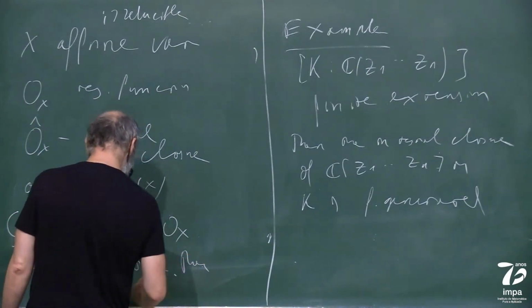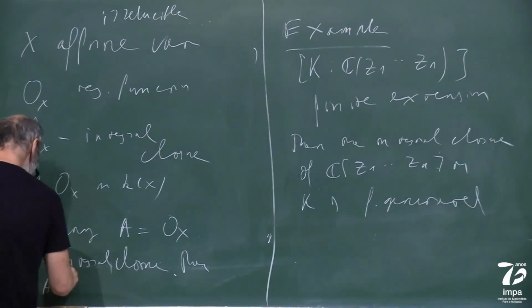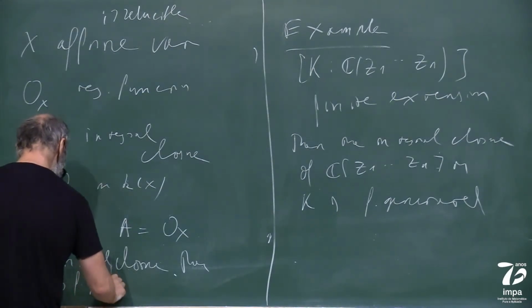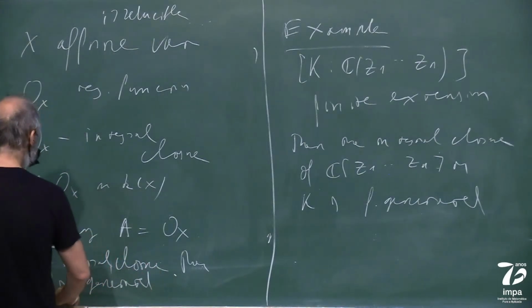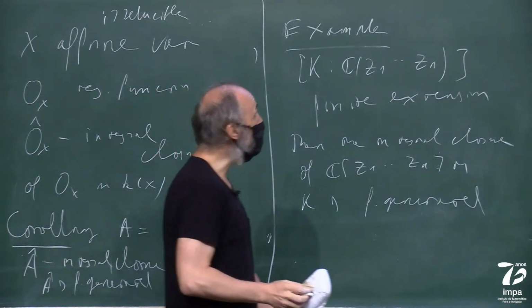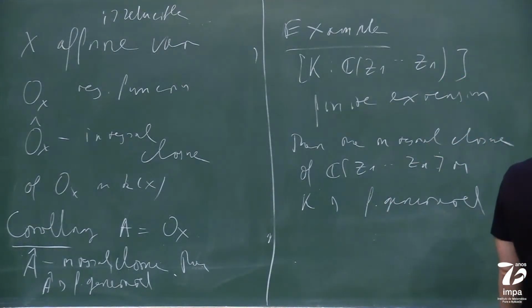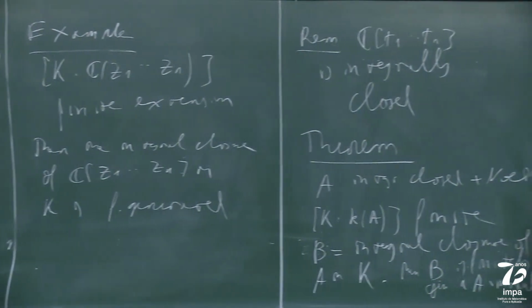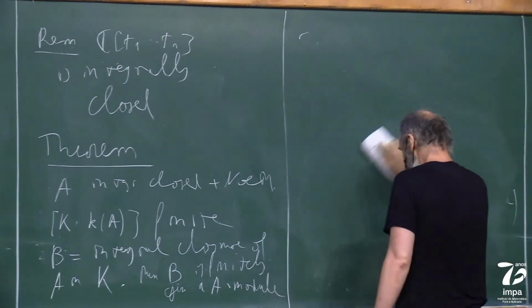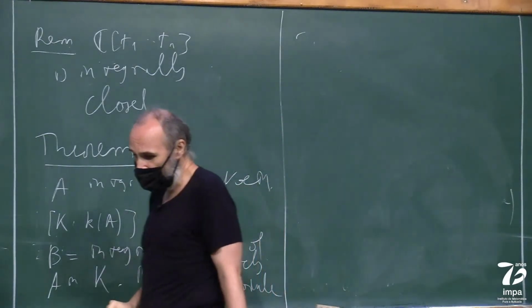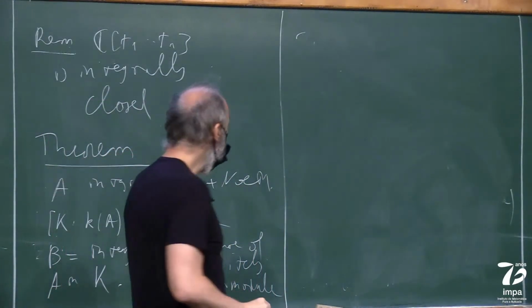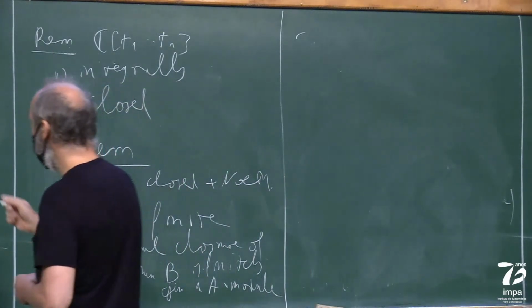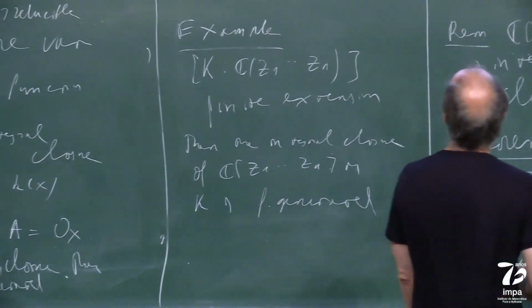Then A hat is finitely generated. So this is what I'm going to prove now. And it's not very hard as long as we have already done everything which is needed. The main obstruction why we couldn't obtain it in lecture 13 was because we didn't have Gauss lemma. So the argument is based on this example, which in turn uses Gauss lemma.